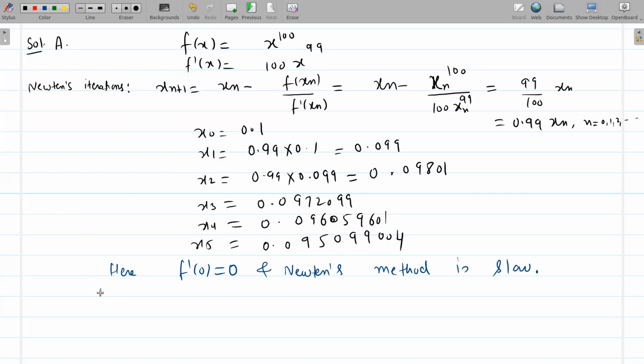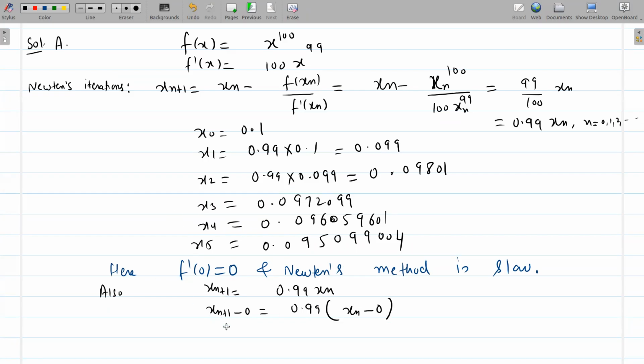Also, you can write the error. So I have written xn plus 1 equals 0.99 xn. The root is 0, so you can subtract 0 on both sides, so that does not make any difference.